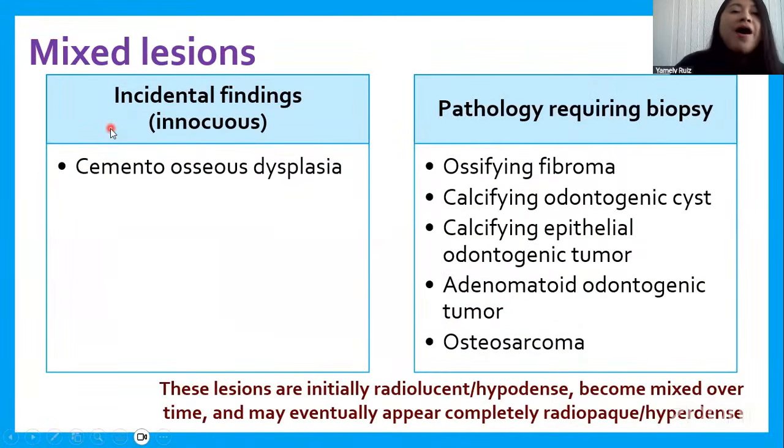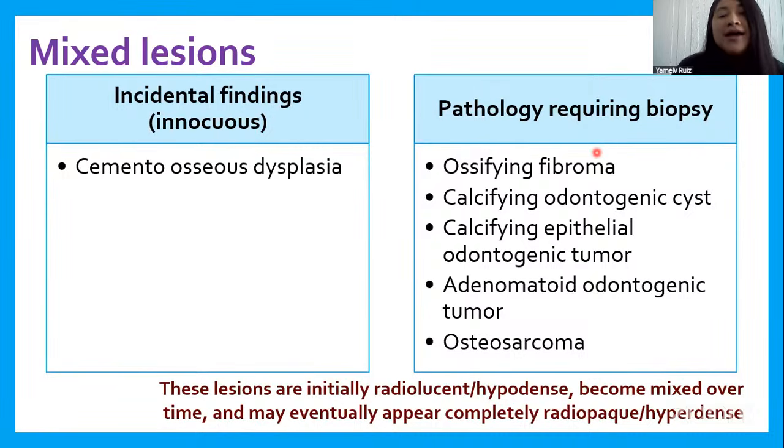And the last group are the mixed lesions. In these mixed lesions, we have the incidental, innocuous findings, as I said before, the cementoosseous dysplasia that could have a radiolucent, mixed or radiopaque appearance. And the other group are pathologies where biopsy is required for the diagnosis.